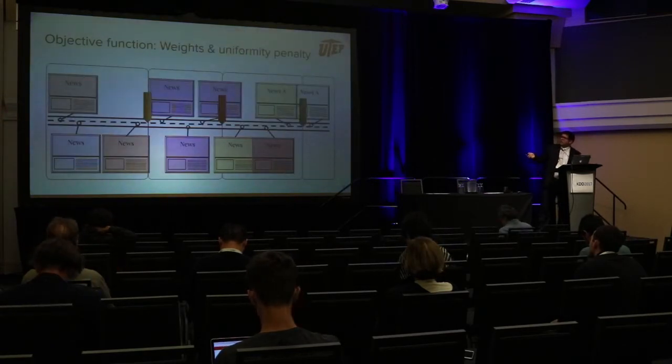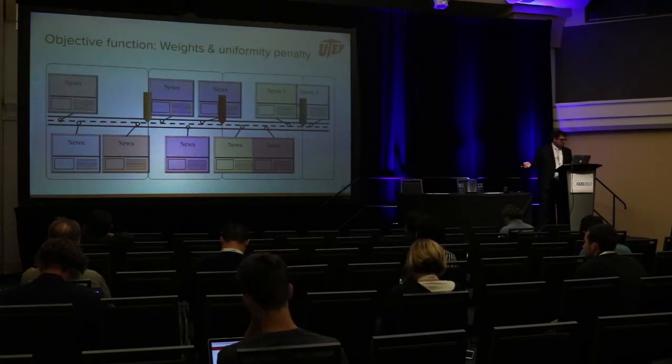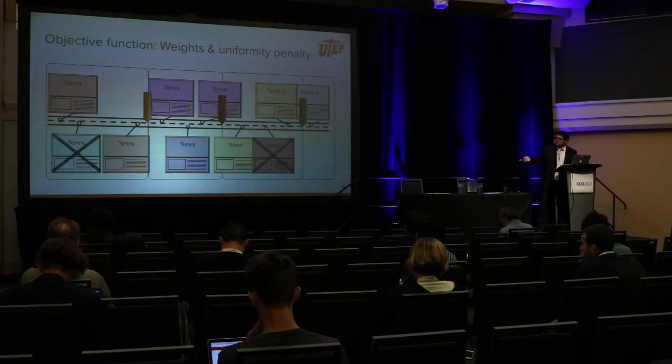And so the purpose of the weights and the uniformity penalty is basically this: let's say that each color represents a particular topic, right? So for example, in the segment on the left, there are 2 red news articles and 1 blue. We basically want to get rid of this blue article and this red article here.